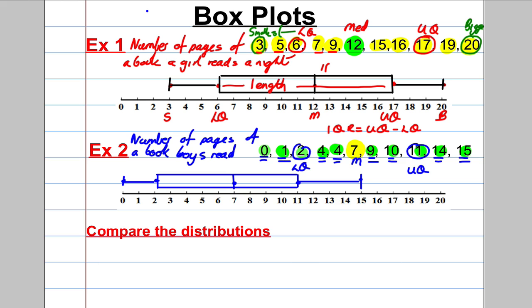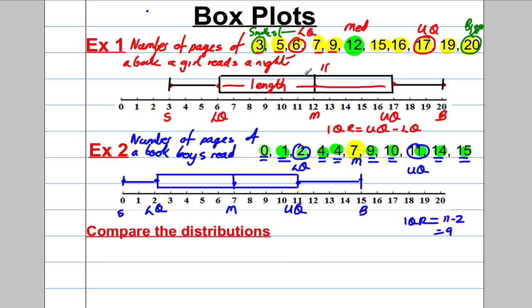Now remember, this here is going to be your smallest, this is your biggest, this is your lower quartile, this is your median, and this is your upper quartile. And remember, the interquartile range is the length of the box, so the length from 2 to 11, i.e. 11 take away 2 is 9. The box is 9 long, and that's the interquartile range.